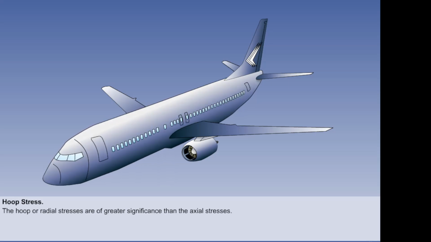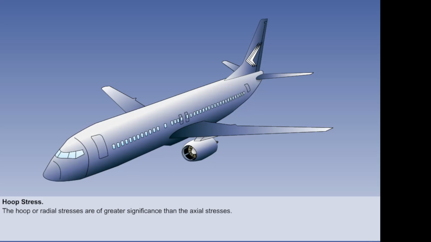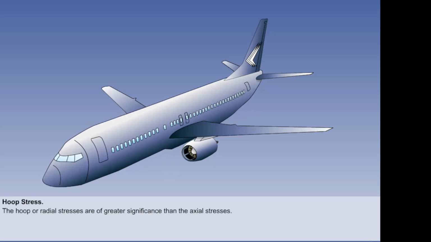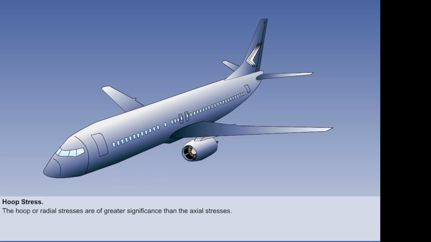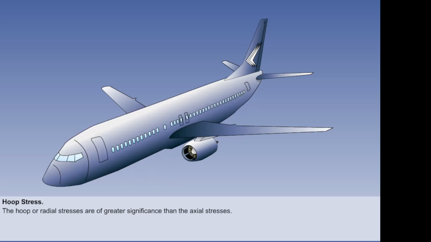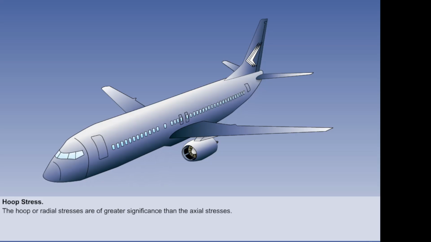Hoop or radial stresses, also caused by pressurizing the fuselage, tend to expand the fuselage cross-section area. The hoop or radial stresses are of greater significance than the axial stresses.